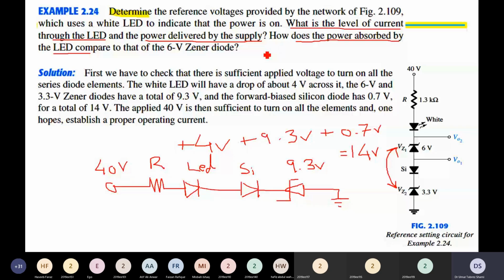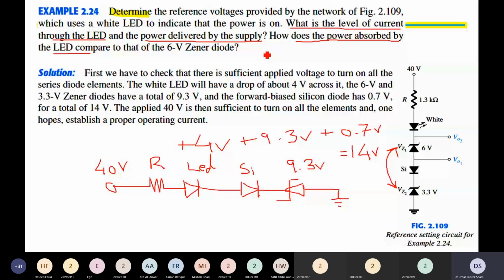So what will be the formula for PLED? The formula will be the same: voltage across the LED multiplied by the current through the LED, which is IL. What is the voltage of the LED? 4 volts.